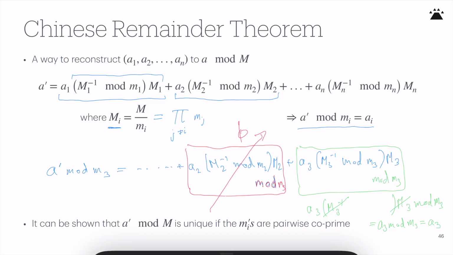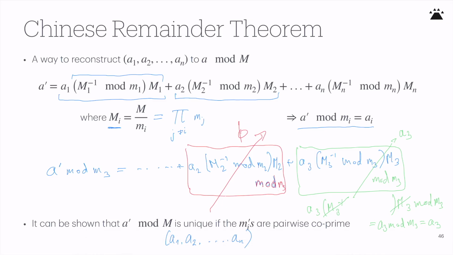So basically, A tag is a number whose RNS form is A1, A2, up to AN.